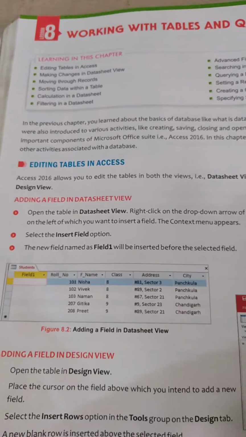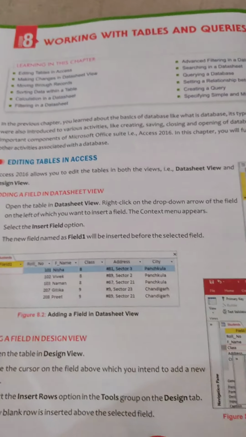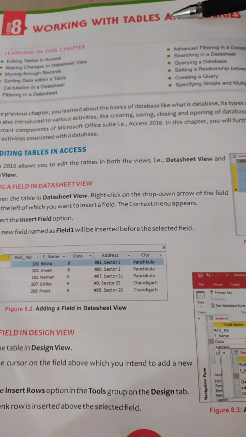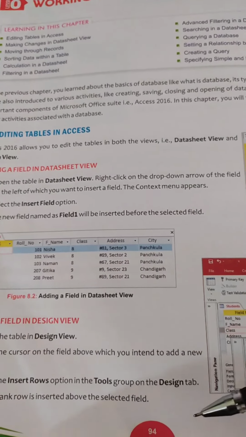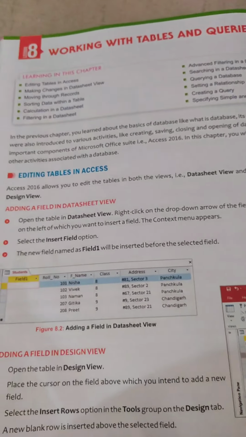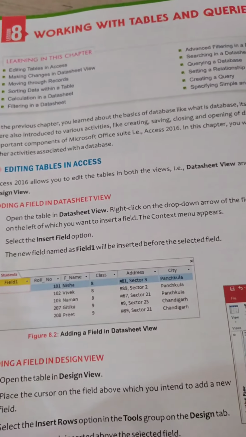Today we are going to start the next chapter. Chapter number is 8 and chapter name is Working with Tables and Queries from page number 94. In this chapter we will cover following topics.